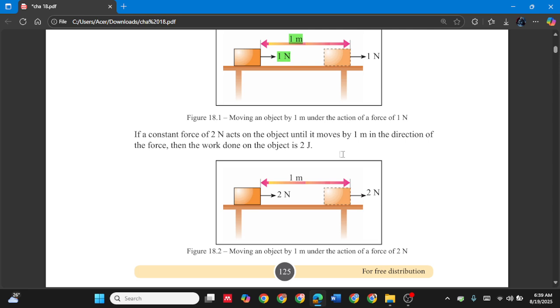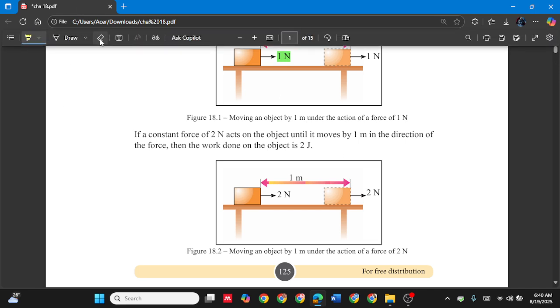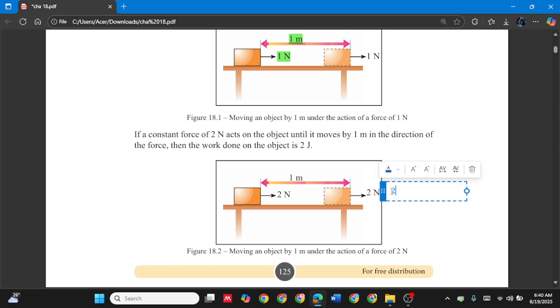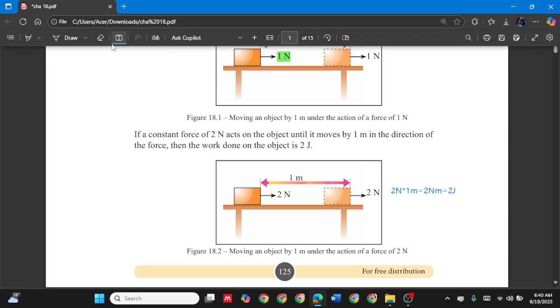It's 2 Newton multiply 1 meter. 2 into 1 is 2, and basically we write this unit as 2 joule.